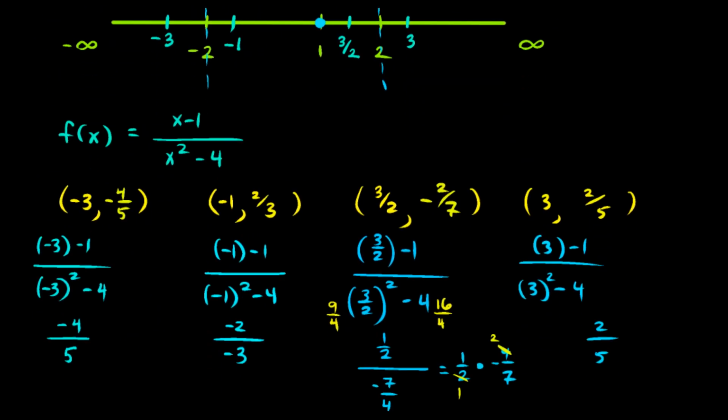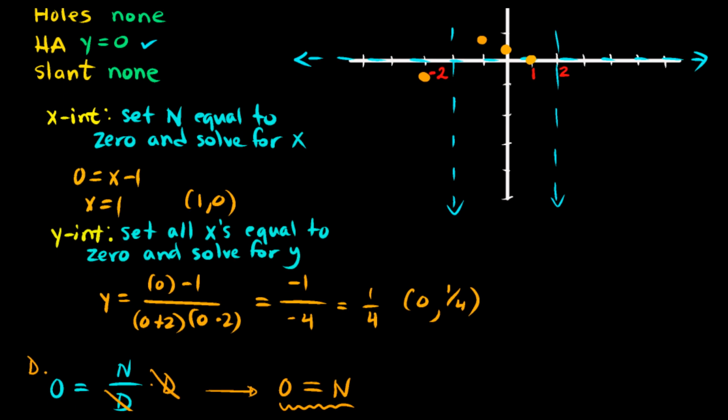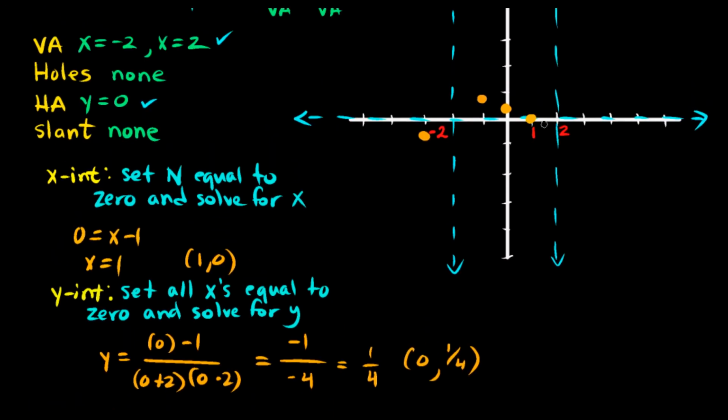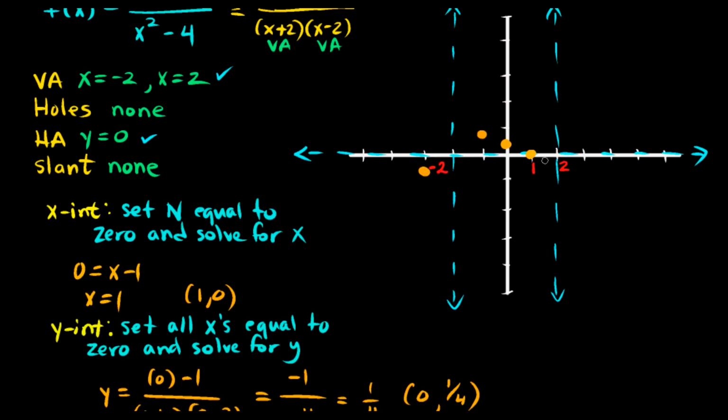The next point we had was 3/2, which is 1.5, comma, negative 2/7. Negative 2/7 is not quite negative 1/2, so right around here.